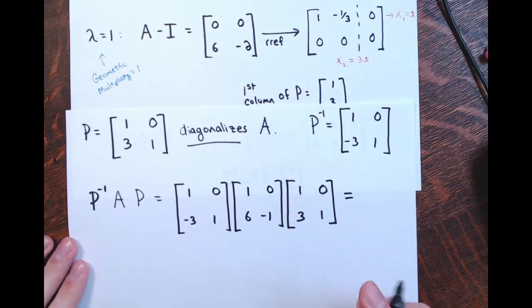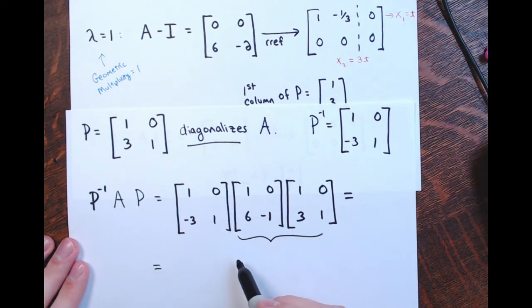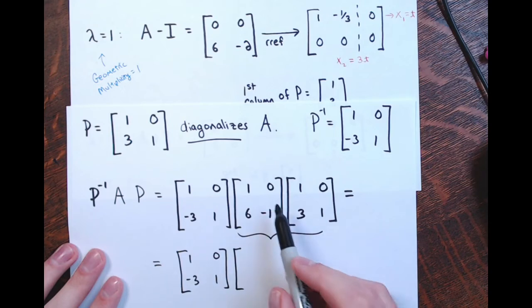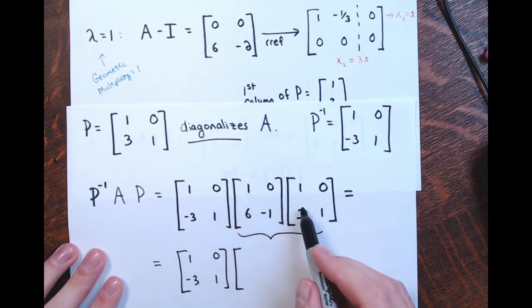So again, I'll just do these two first. And you can do this on a calculator, matrix entries and multiplication, but I'm doing it by hand real quick.